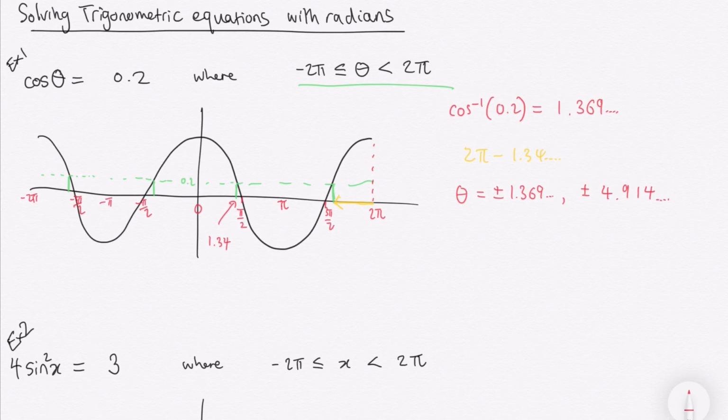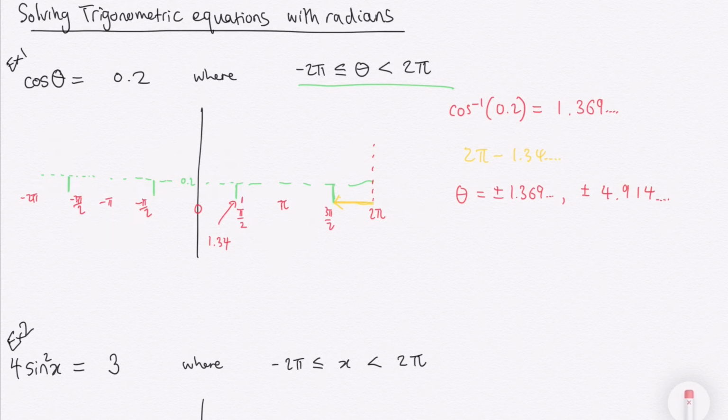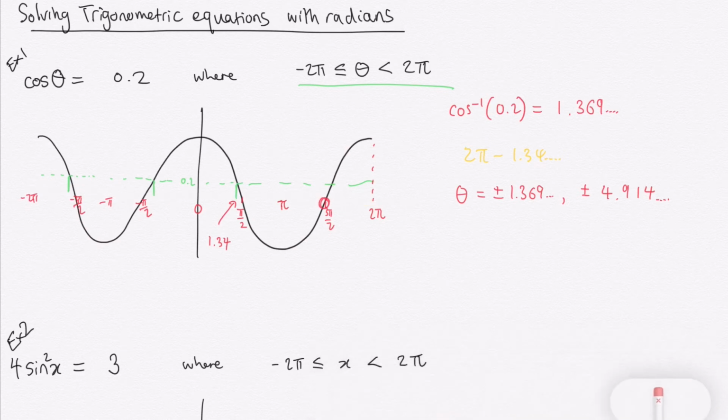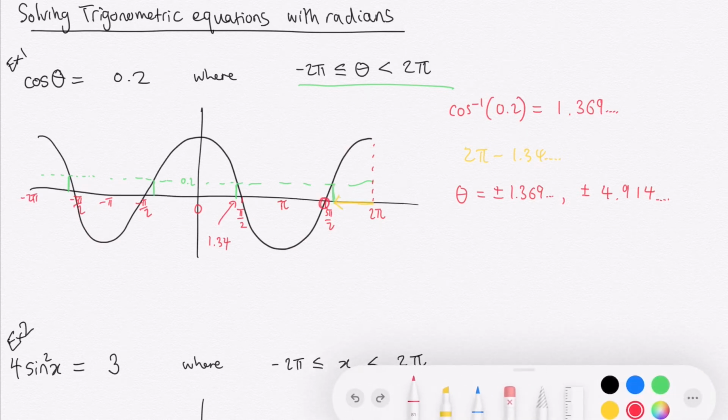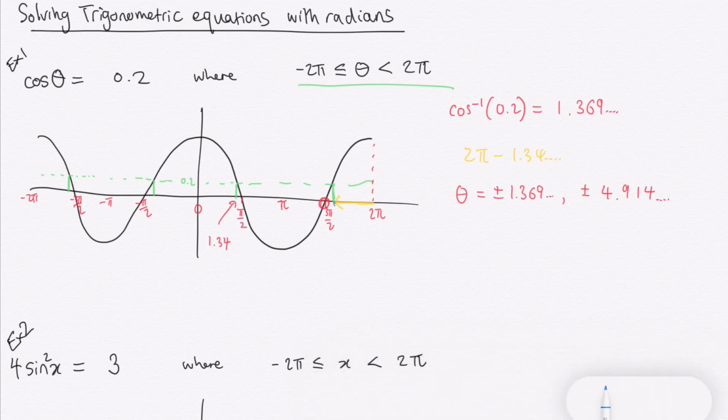And those are our 4 values of theta, which are here, here, here, and here.